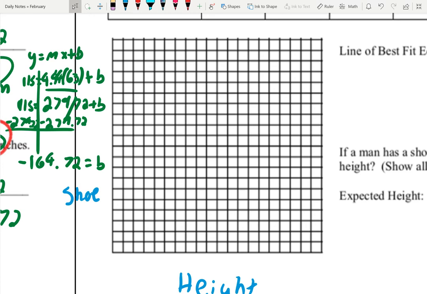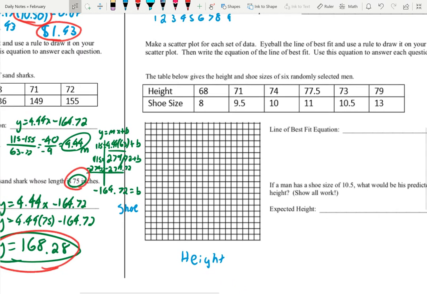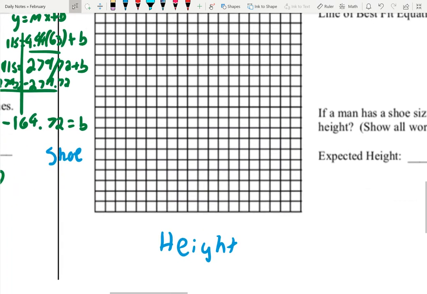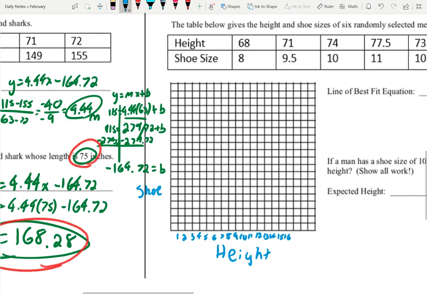Again, you're going to have to kind of ignore the other equation getting in the way there. So my shoe size, my lowest is 8, my highest is 13. So let's just go by ones. That's fine. 1, 2, 3, 4, 5, 6, 7, 8, 9, 10, 11, 12, 13. We'll just go 14, 15, 16 as well. So you can just number those off by 1. That should be okay.